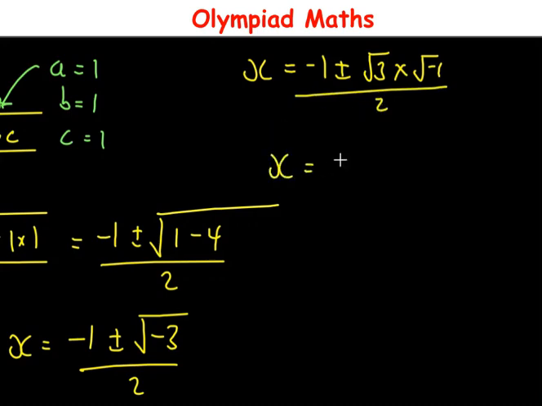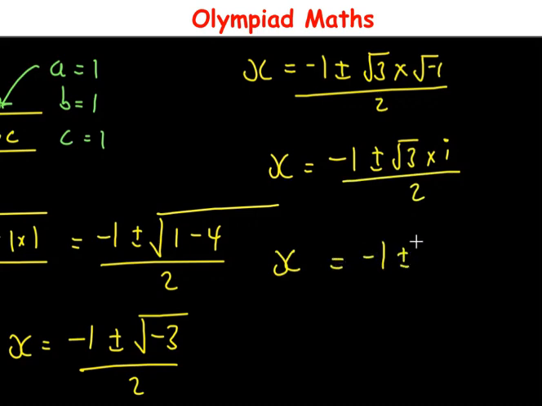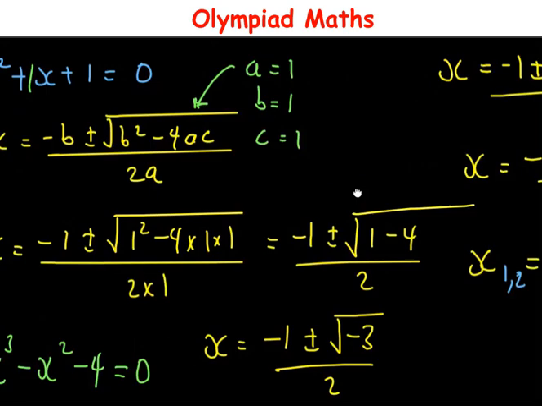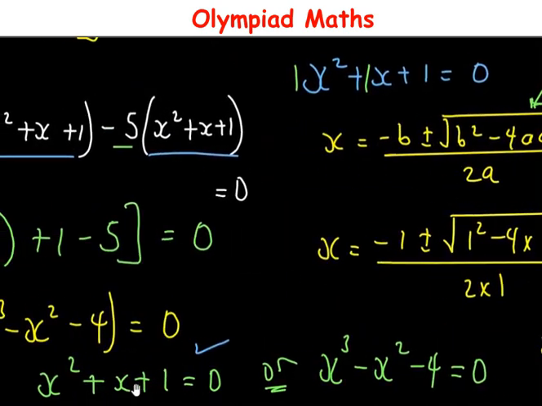So x is equal to minus 1 plus or minus root 3 times i all over 2. x is then equal to minus 1 plus or minus i times root 3 all over 2. And with this, we have the first and the second solution for the value of x. Good. So we have solved this first quadratic equation.